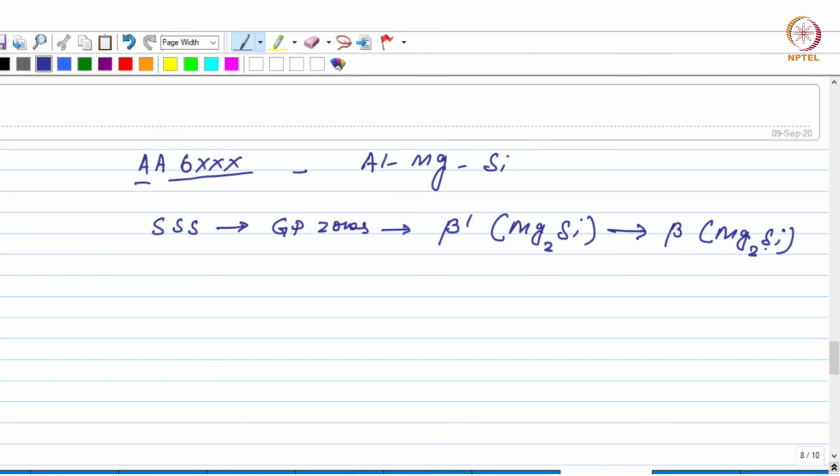Here the main precipitate is beta prime or Mg2Si, and the equilibrium phase is beta having similar composition, that is Mg2Si.